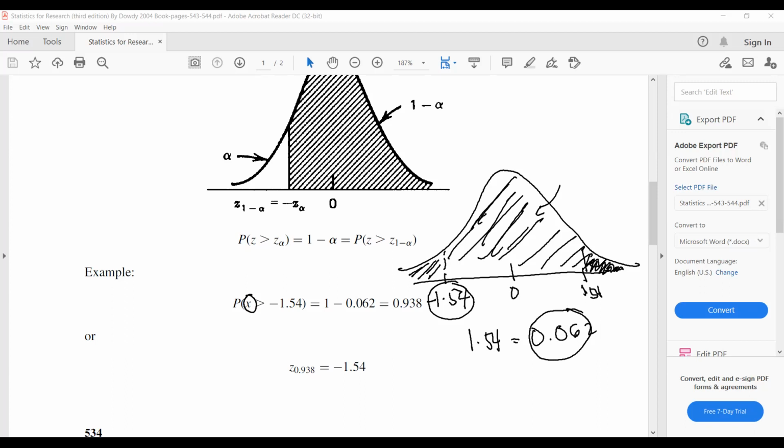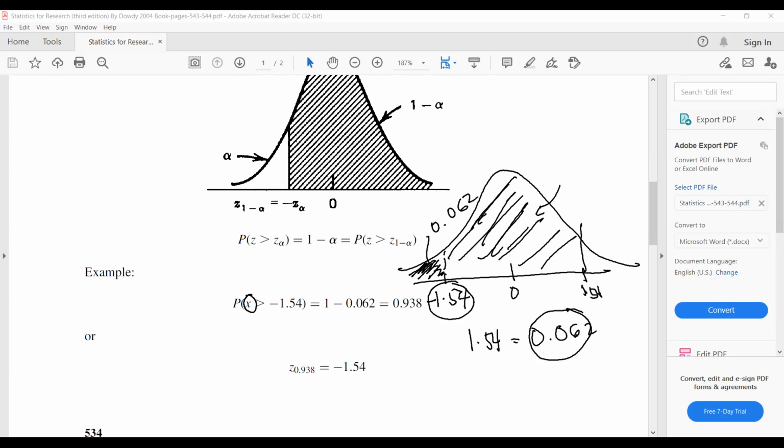Gawin natin to. Etong part na ito, symmetrical value eh. So ito na yung 0.062.